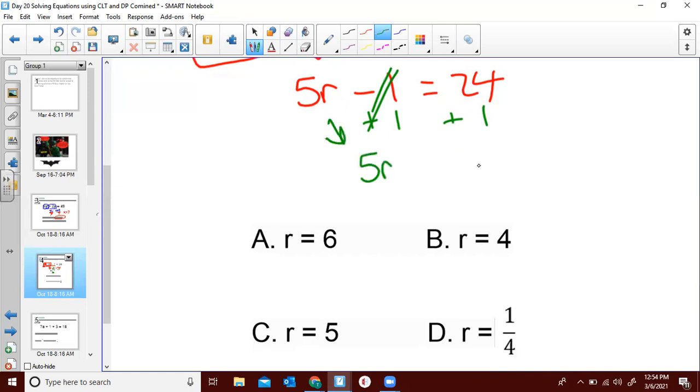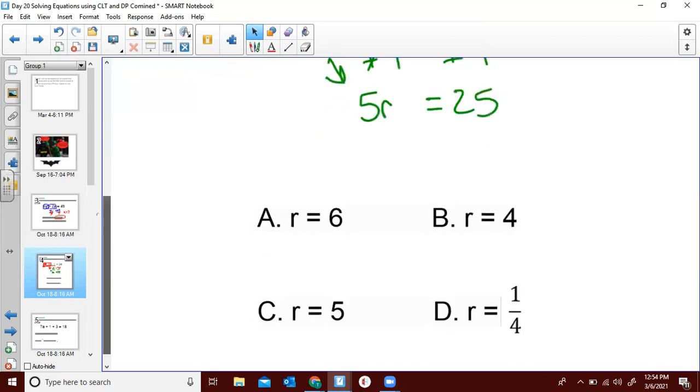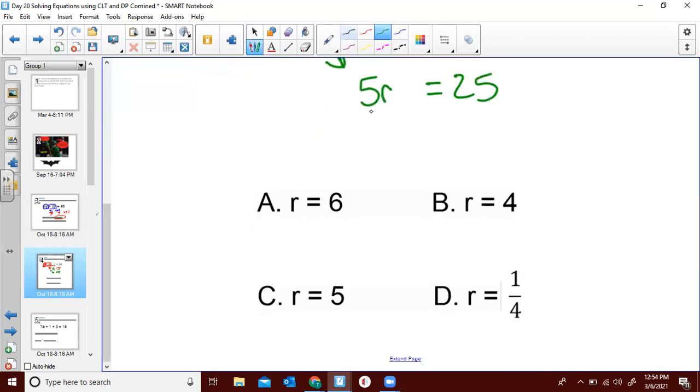And that's going to equal 25. Just like the last one, we want to get r by itself. Well, what holds 5r together is multiplication, but we don't write it like that. We just write 5r. So we divide both sides by 5, and we'll get r equals 5.